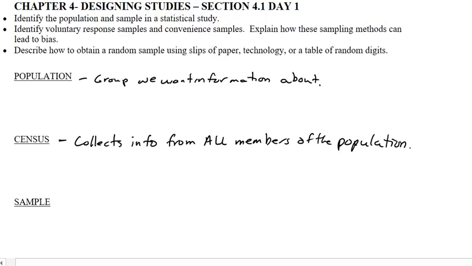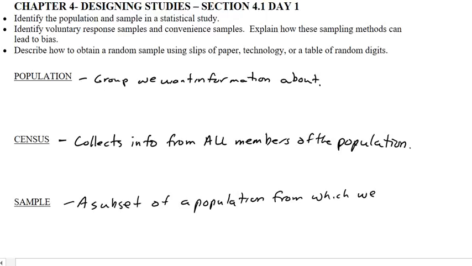Okay, a sample is a subset of a population from which we gather data. So when we do a presidential poll, we don't ask all 320 million Americans who they're voting for.